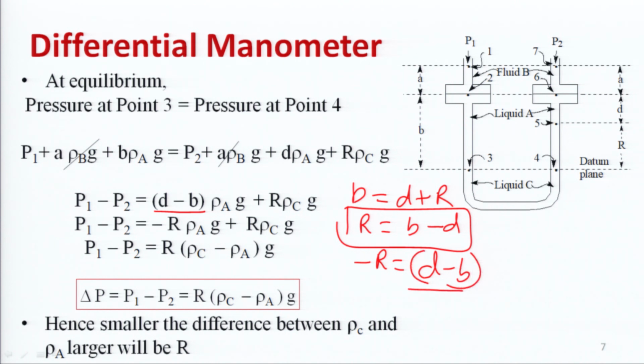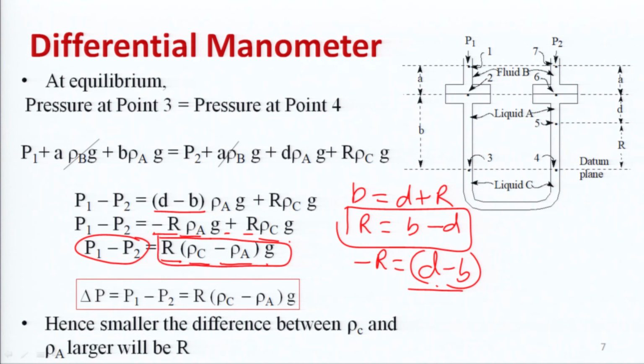Put the value of D minus B into this equation. So, this equation changes to minus R rho A g plus R rho C g. Again we will take R as common from both of these. So, R (rho C minus rho A) g. So, P1 minus P2 is equal to R (rho C minus rho A) g.